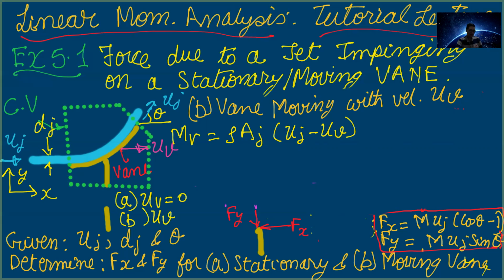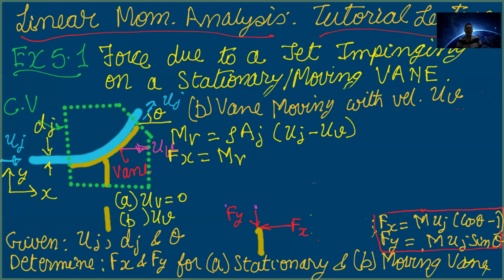However, note that in the mass flow rate, you have a normal velocity. The mass flow rate earlier was rho aj into uj, but now the jet is entering with velocity uj while the vane is moving with velocity uv. So the relative velocity with which the jet enters the control volume is uj minus uv, and we use this relative velocity to calculate the mass flow rate.